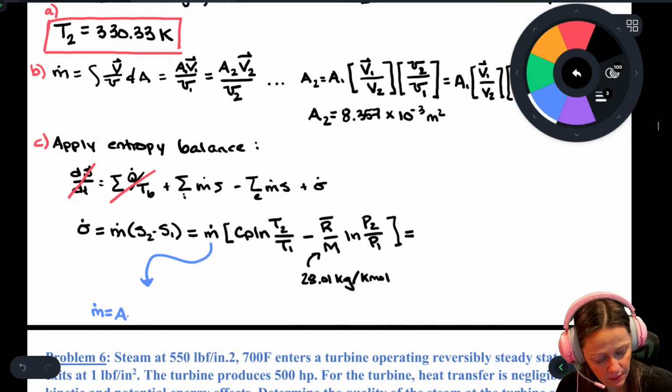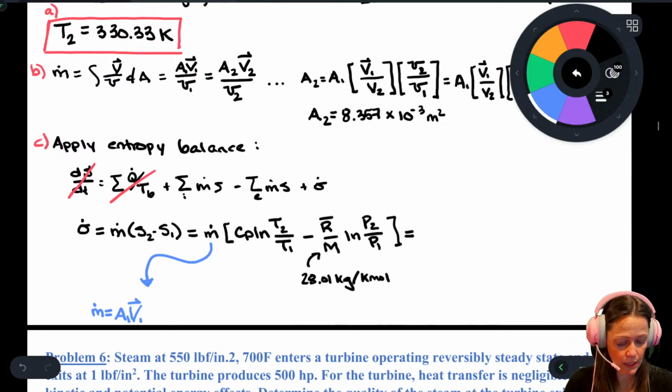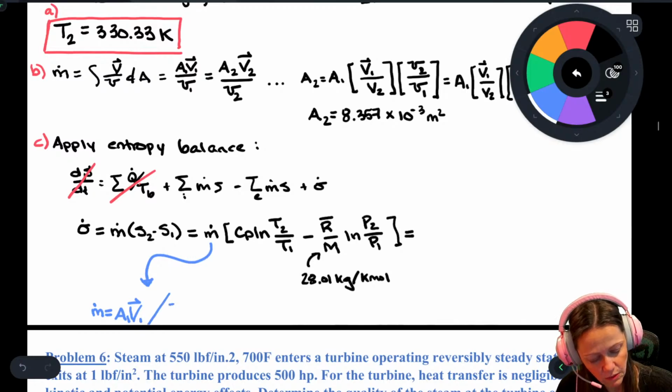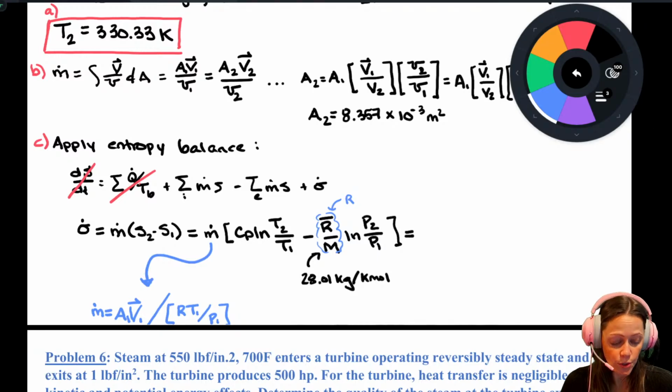It really doesn't matter. A1, V1, I know both of those things, divided by the specific volume, which is R T1 over P1. Of course, this whole quantity right here is the specific gas constant, so you can calculate that. You know T1, you know P1. Just watch your units.